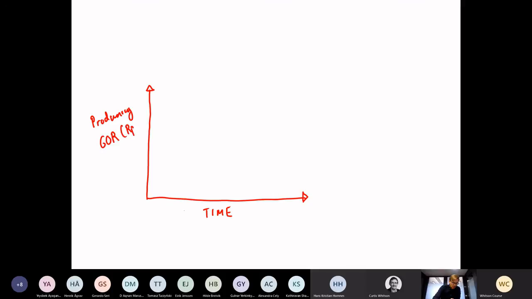Let's assume it's an oil. We can say that the solution GOR of this oil is this line right here. We're starting to produce at some constant GOR before we get some kind of solution gas drive effect, and the GOR goes up with time.